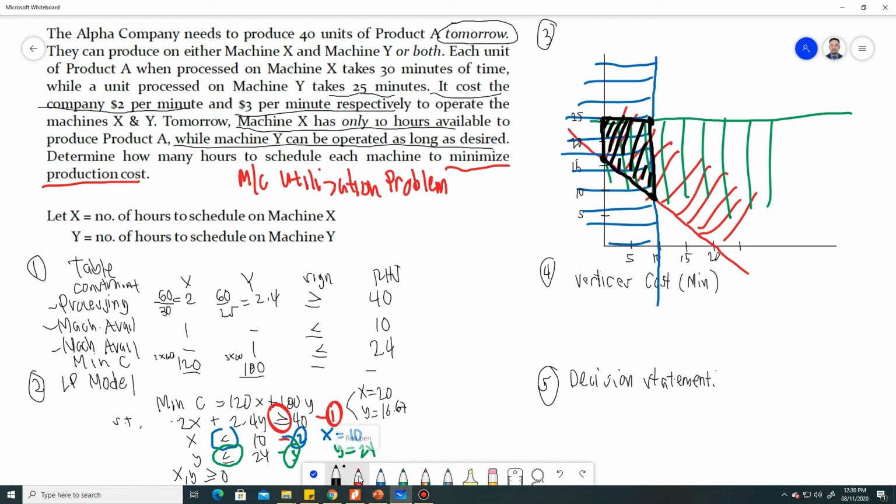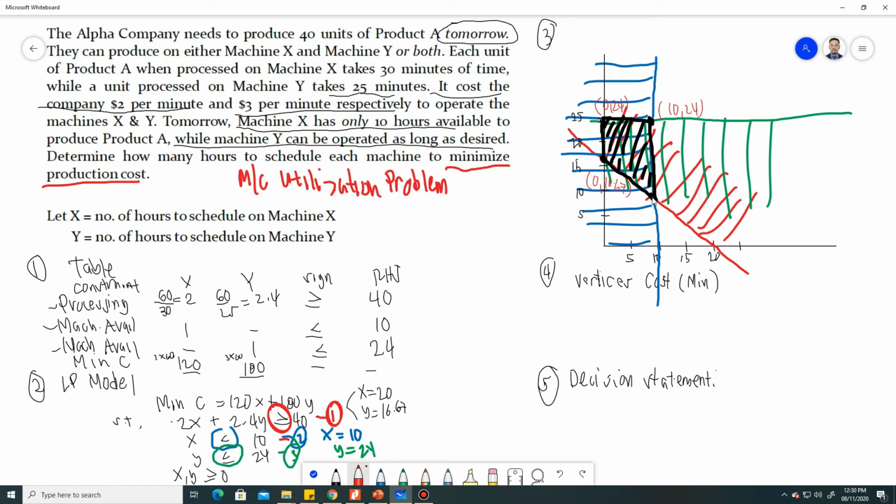Yan. And then, now, yung fourth step natin is to determine the vertices. So, we will determine the vertices. So, yung dito, we have 0 and 24. Itong kanto na to. Ito naman, this is 0 and 16.67 in 2 decimal places. Ito naman, we have 10 and 24. Ito.